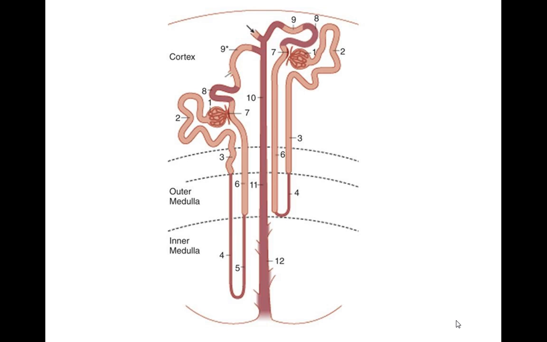These are called nephrons. Each kidney has about 1 million nephrons. Nephron is the functional unit of the kidney. It means that the main function of the kidney occurs in these structures.